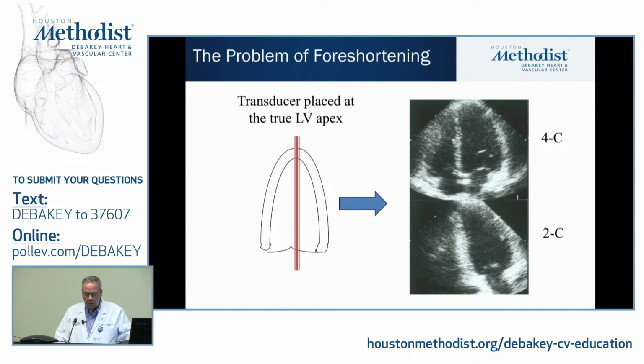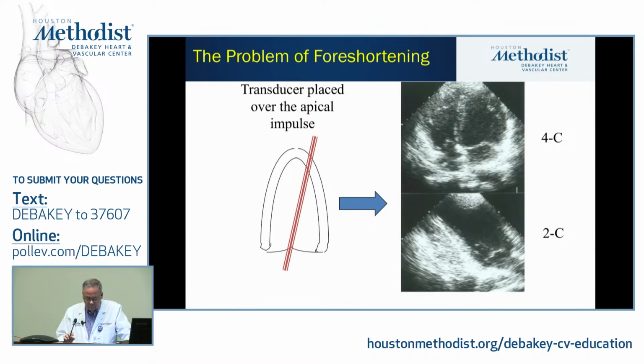How do you know that you're close to the apex? If your four chamber and two chamber apices are both pointing up, and this one is not even perfect, but the closer they are to both pointing up, you know you are at the apex. However, if you get what looks like an apex in the four chamber, but then in the two chamber, the apex is way out going on the side, you know that you are not.